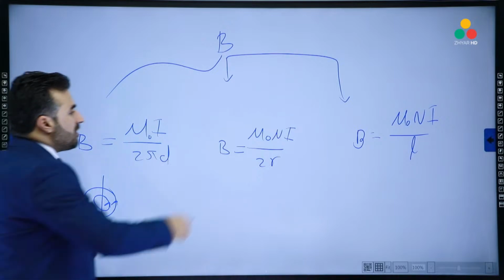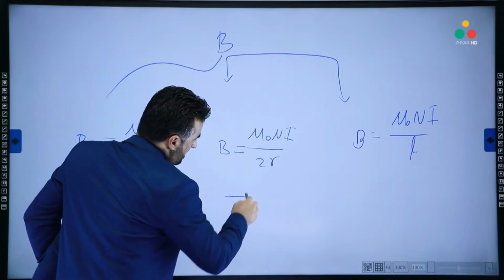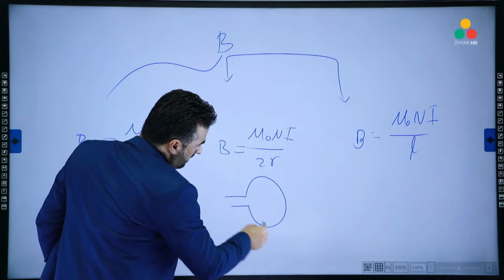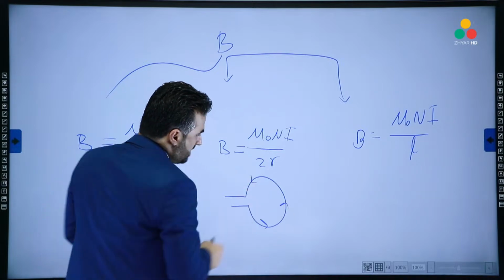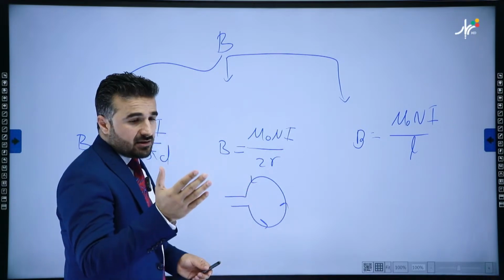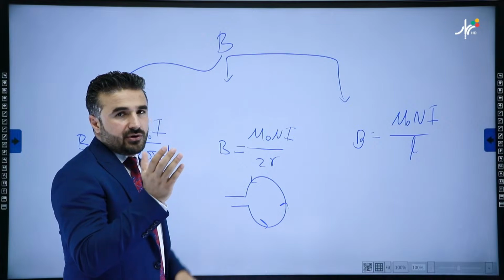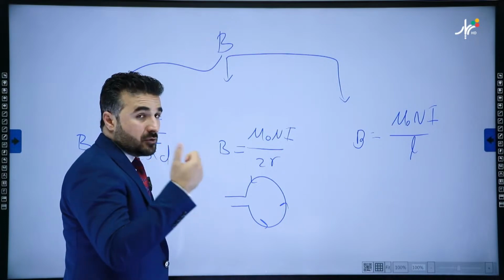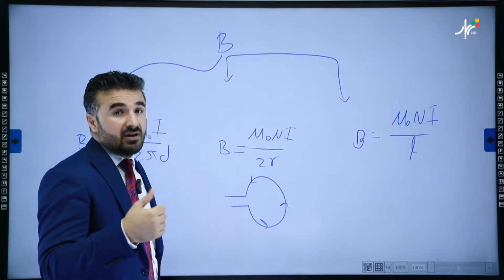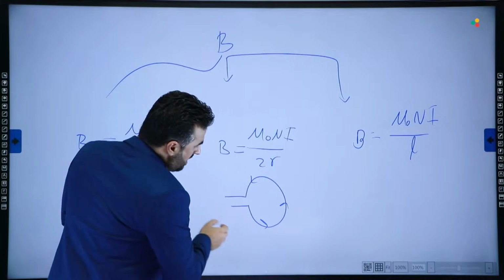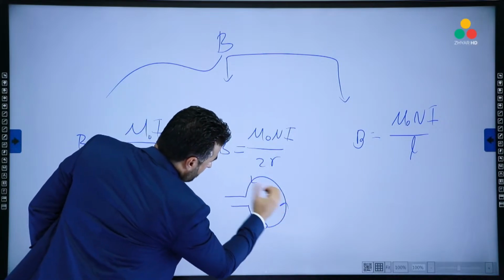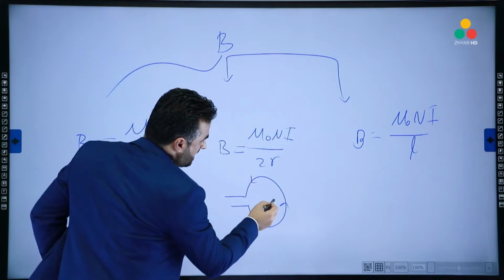For a coil, let's say this is the coil, and this is the direction of the current. We align our fingers in the same direction as the current, and then our thumb points in the direction of the magnetic field. If the current goes in here, you can see the direction of the magnetic field is outward.